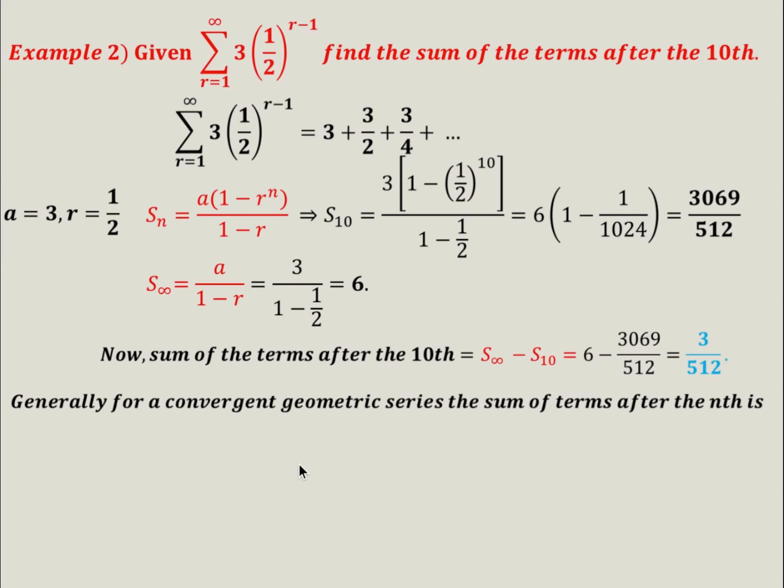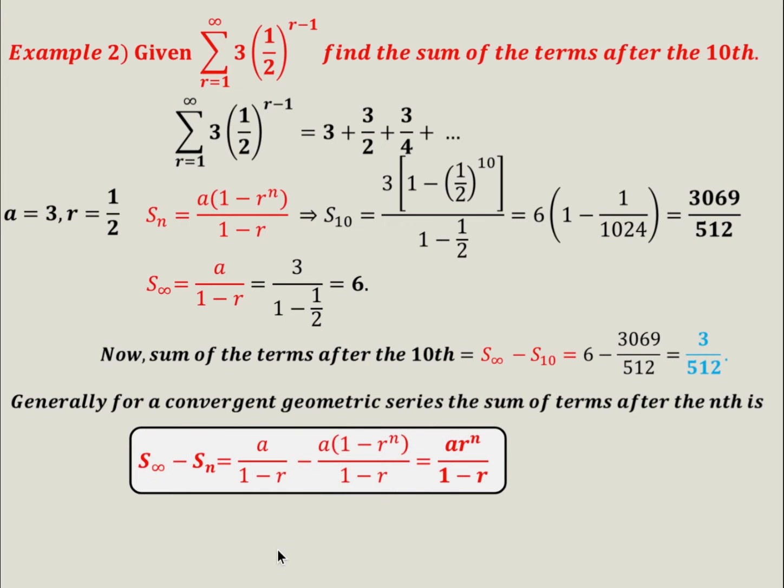So generally, for a convergent geometric series, the sum of the terms after the nth term is given by sum to infinity minus the nth partial sum, which gives a over 1 minus r, the sum to infinity, minus a into 1 minus r to the n all over 1 minus r, which simplifies to ar to the n all over 1 minus r.